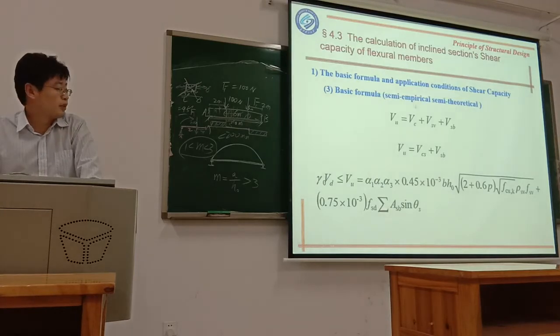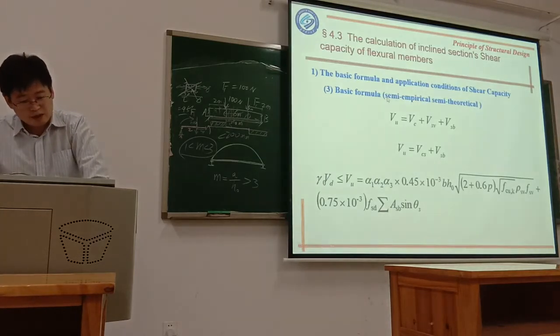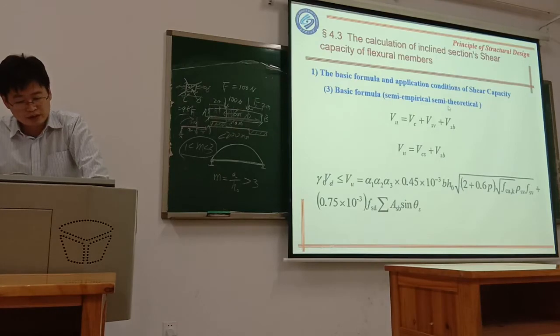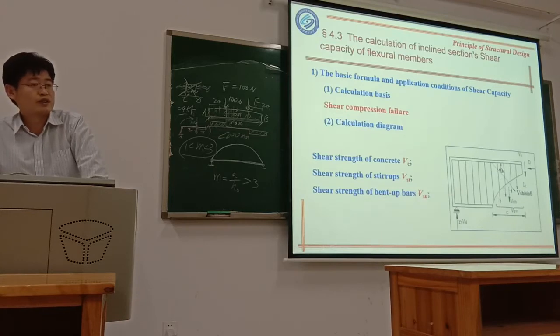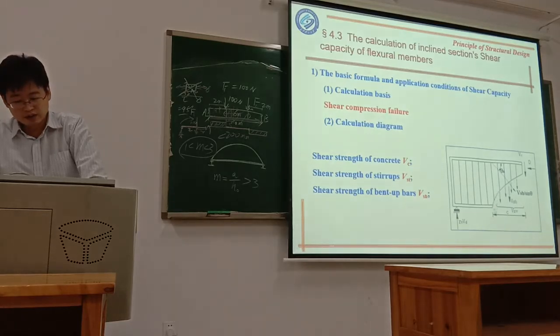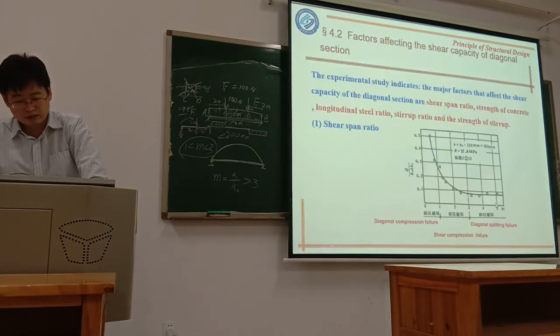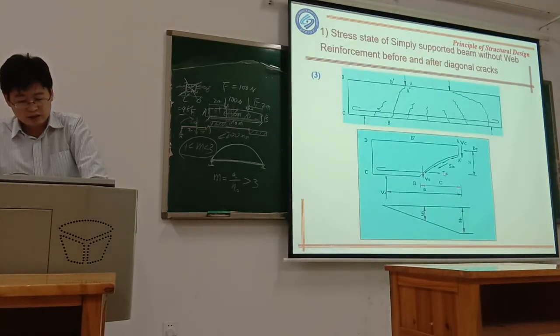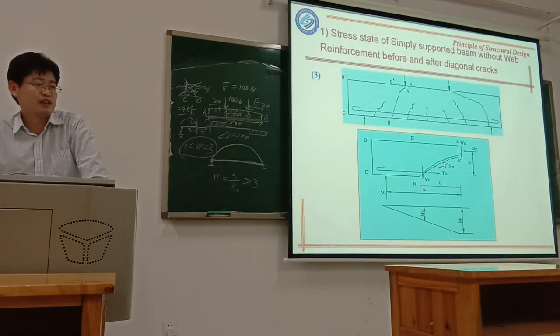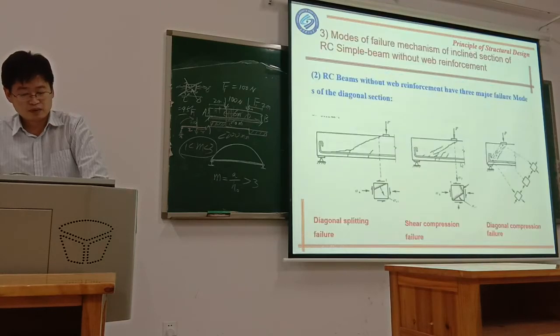This formula is semi-empirical, semi-theoretical, because we have neglected some forces, some of the friction force and the weight force induced by this. See this, we just neglected them to make it simple.